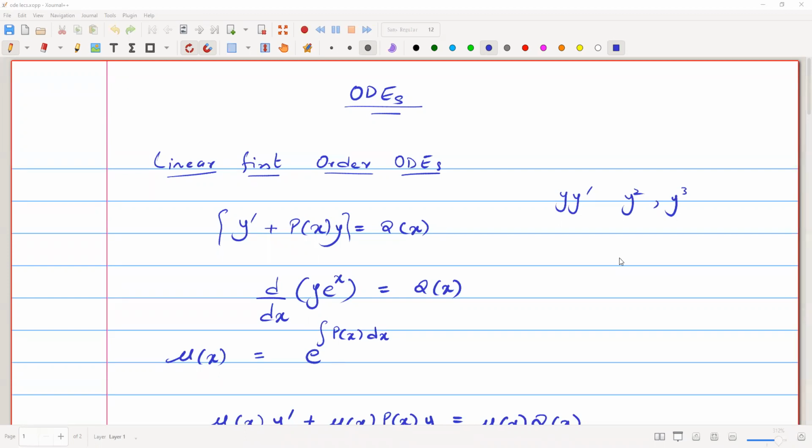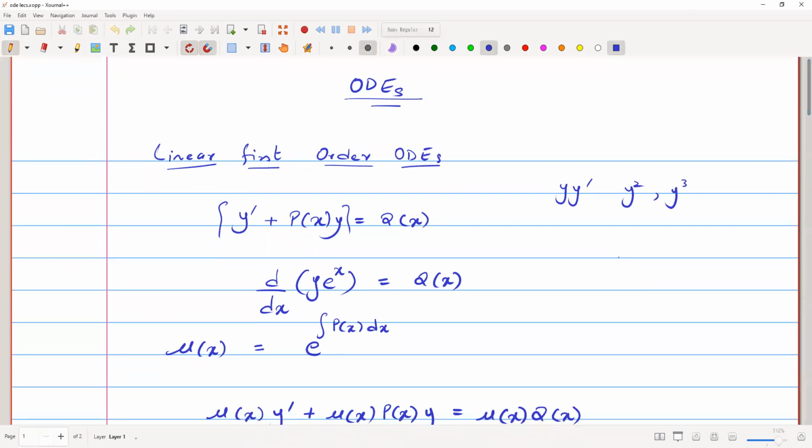standard formulas, right? The standard form of this equation is y prime plus p of x y equals q of x, where p of x and q of x are simply functions of x, and then we have y here with p of x that is linear.